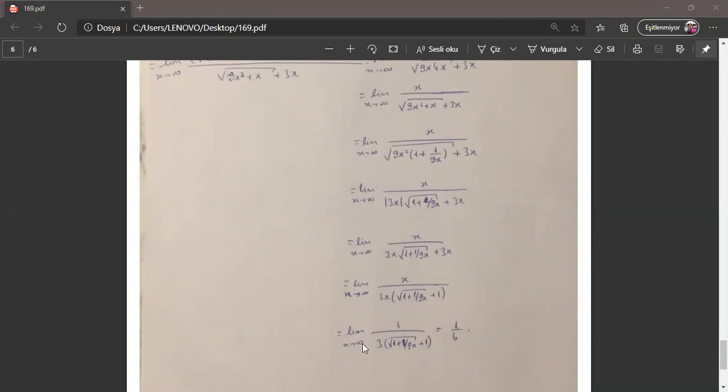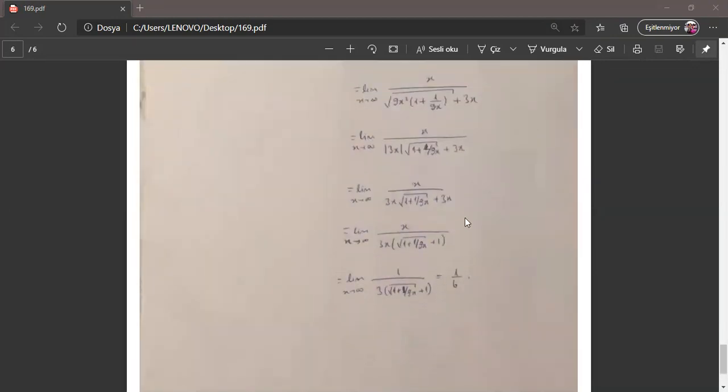When x is approaching infinity, we just simplify x's here. This will be 0, this will be 1, and 1 plus 1 will get 2. So 1 over 3 times 2 gives us 1 over 6. Okay, so this was the last question.